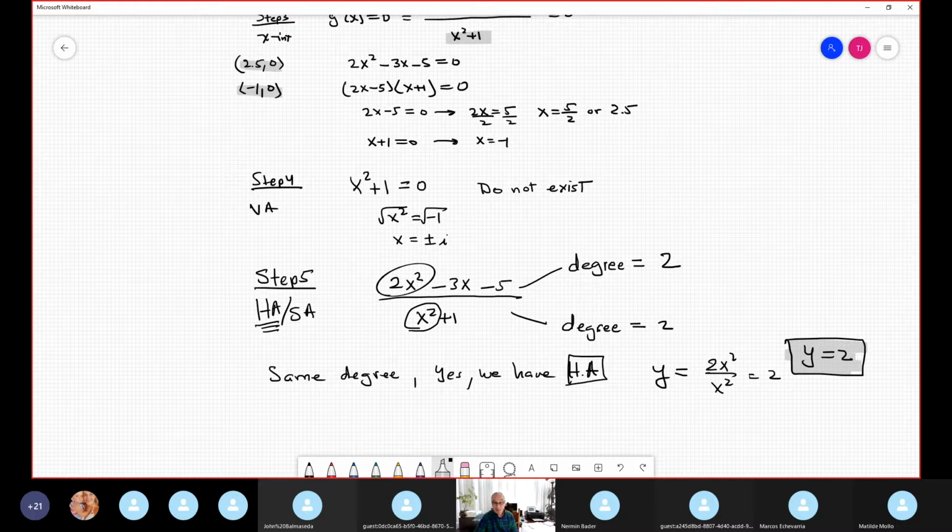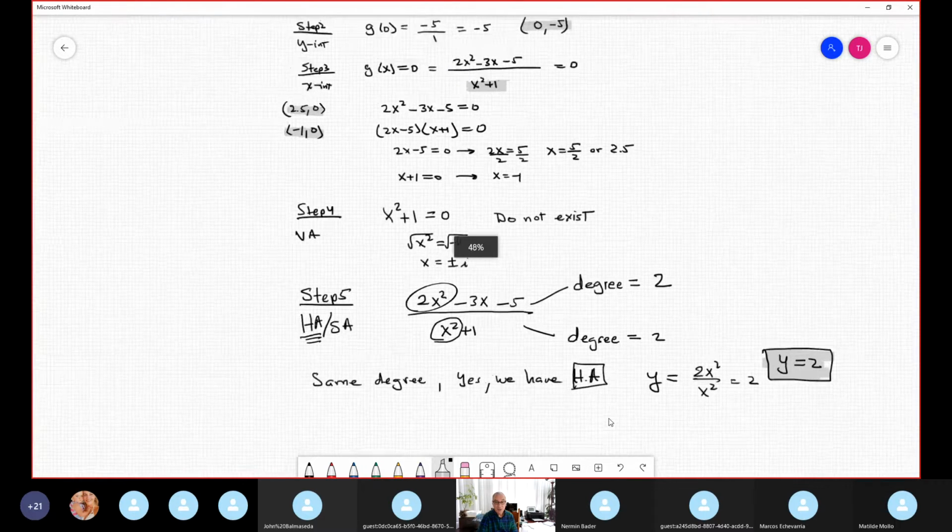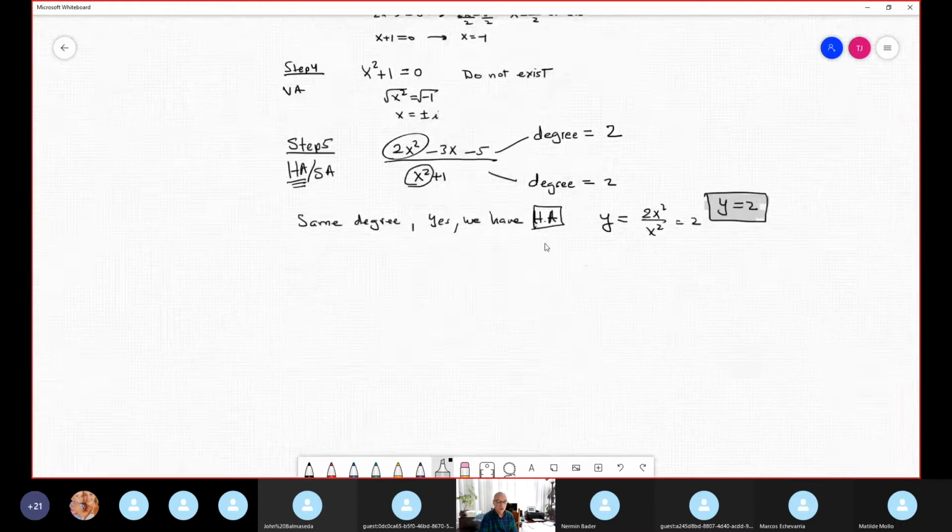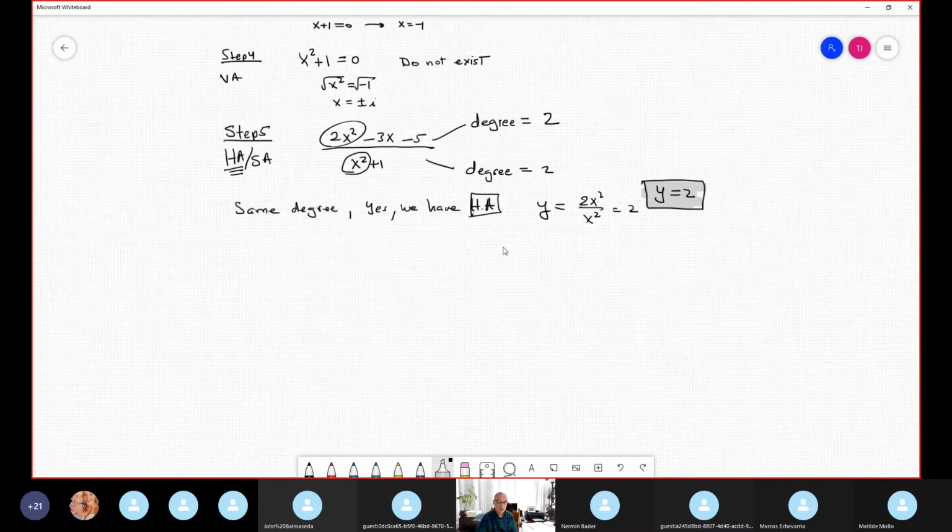Now, immediately, can you say that the horizontal asymptote exists? You need to investigate. Don't forget this part, because students frequently forget. Does my curve cross the asymptote or not?